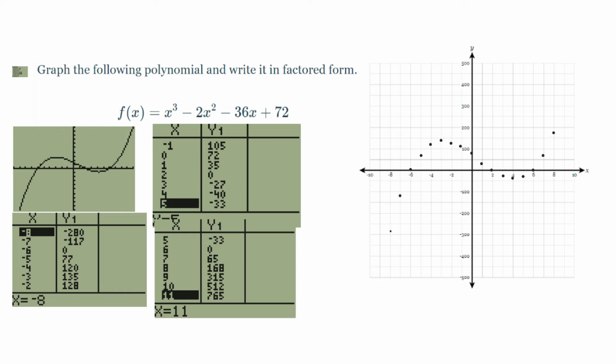It's above 150, but below 200. And 9, 315. I think I probably have enough points at this, but that's all. I'm out because 10 is 512, which is off the graph.